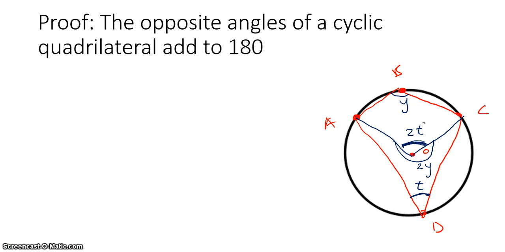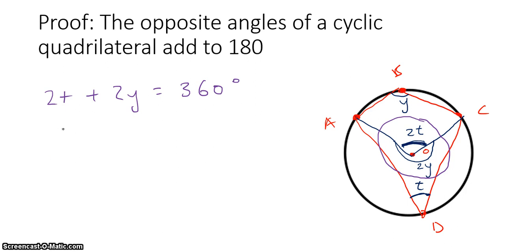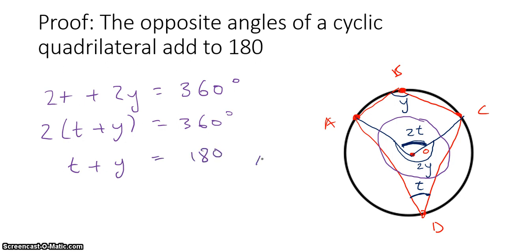Looking at this point right here, 2T plus 2Y are about a point, in other words a reflex angle, and they should add up to 360 degrees. So we can factorize: 2(T plus Y) equals 360 degrees, or in other words, T plus Y equals 180. QED.